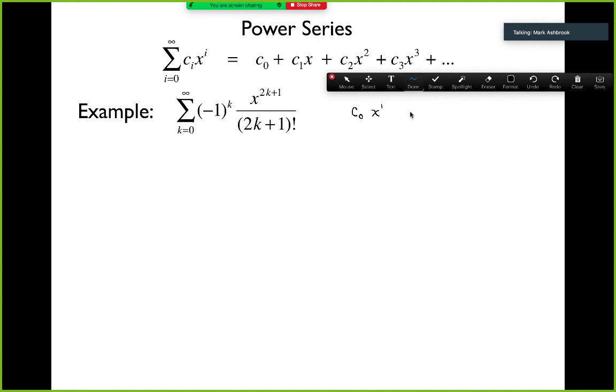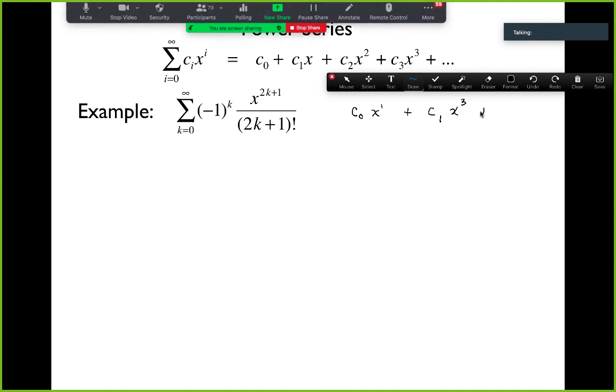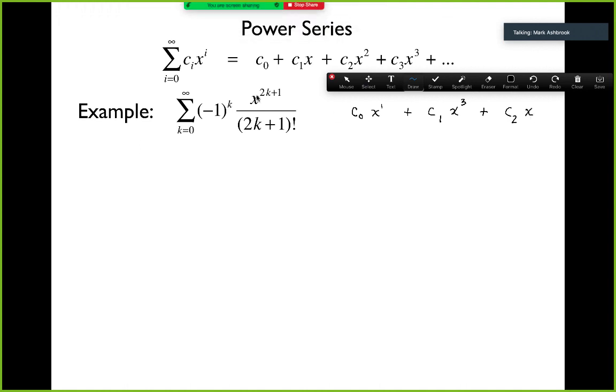And then when k is 1, we'll have x to the what? 3? And then when k is 2, we'll have x to the 5th. So in this particular power series, the subscript on the coefficient doesn't really match up with the power because of this 2k plus 1, but it's still a power series.